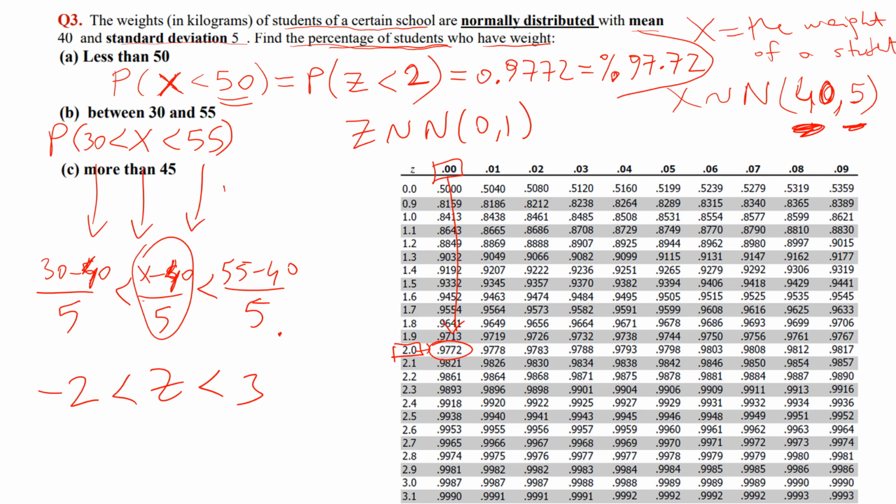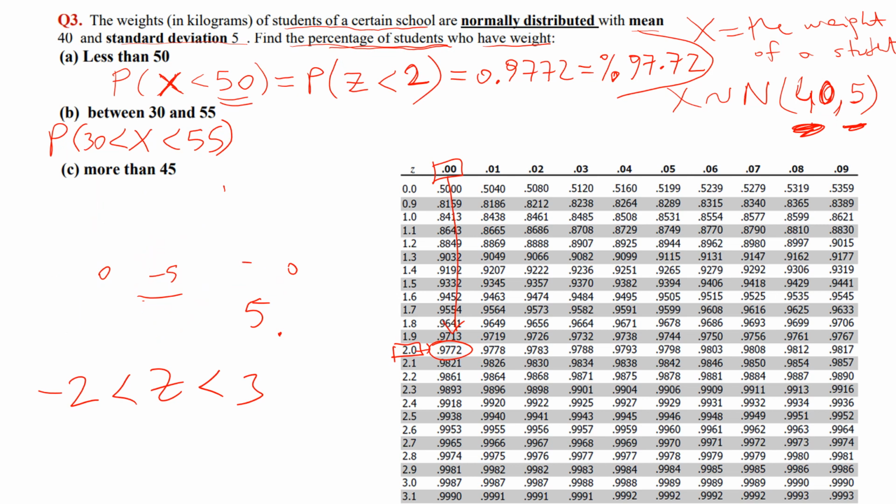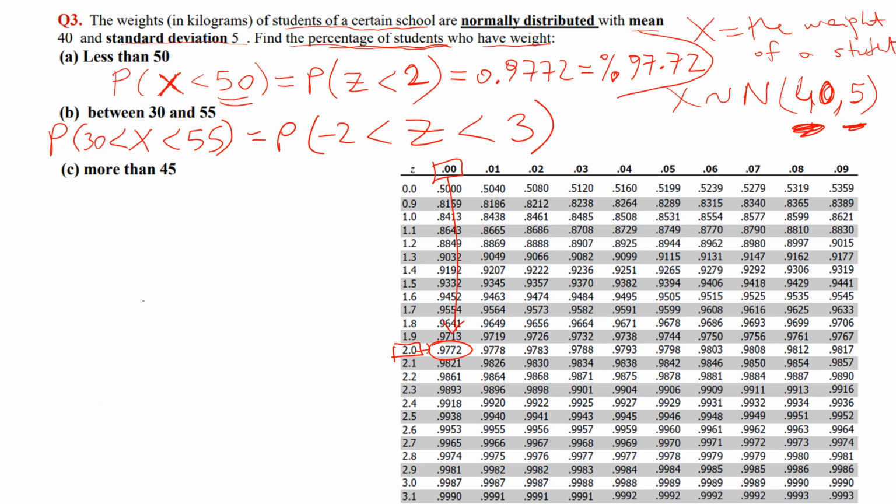Now we changed the question to z. So now we write the question in terms of z. So it's minus 2. What's the probability that z is bigger than minus 2 and less than 3?